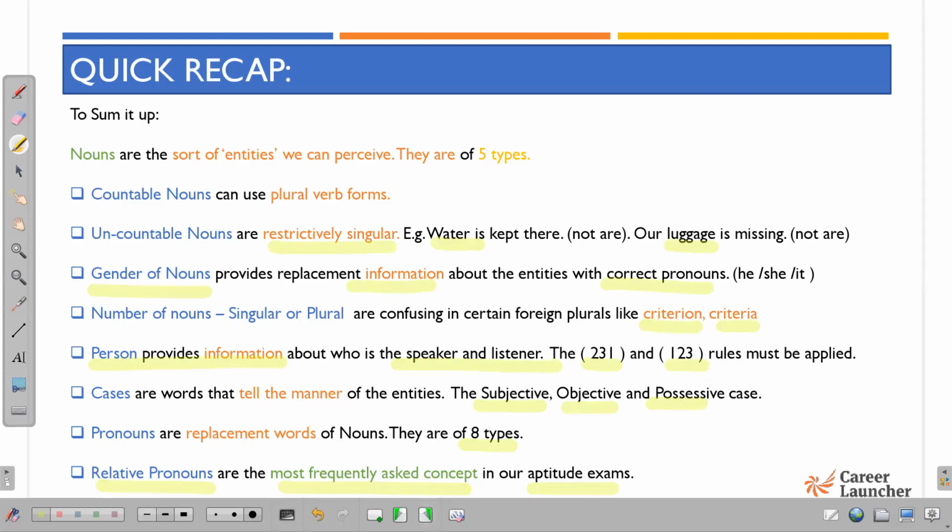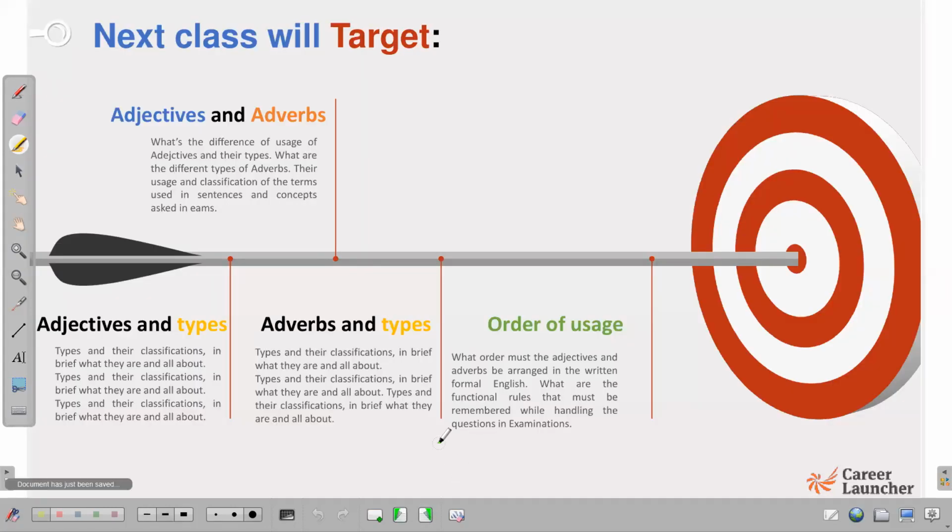So I hope this lecture helped you understand nouns in their entirety. Next lecture we will deal with adjectives and adverbs. Though adjectives and adverbs have not been asked by any competitive exams specifically, I have just given a preemptive question from my side. They have been an integral part of GMAT. So there might be questions which any exam can pick up.